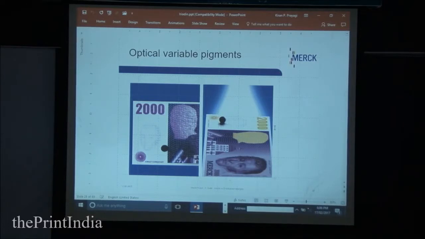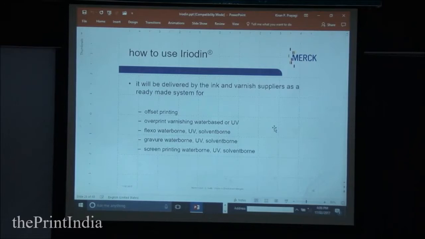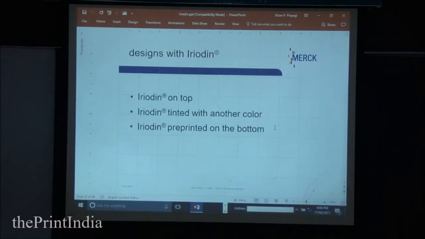Then at some places it will also work as a color changing pigment. So when you look at it from different angle, the colors will look different. So it can be used in offset, can be flexo, gravure, screen, as I said, or it can be incorporated in the paper when the paper is manufactured.